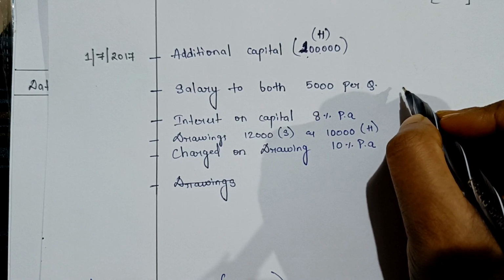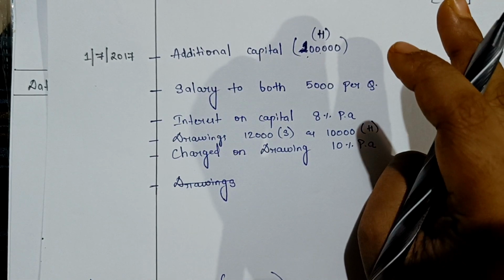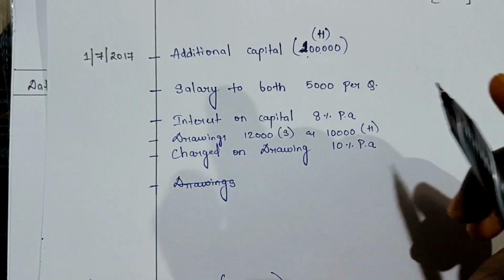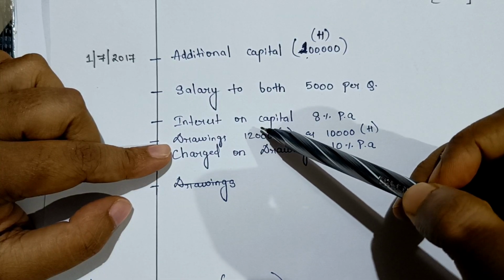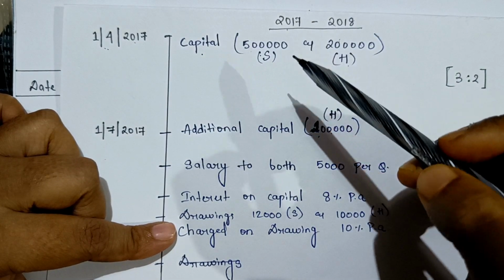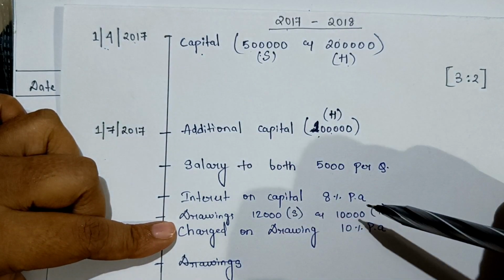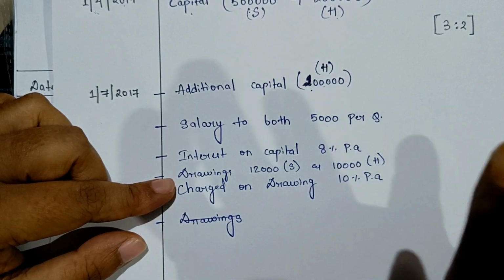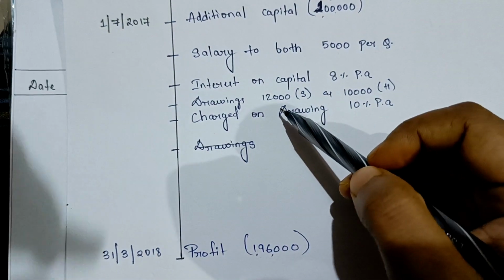So yearly 4 times they will be getting this salary of 5,000 rupees. Both the partners are allowed an interest on capital at the rate of 8% on the capital they brought. So for their capital they got 8% per annum.